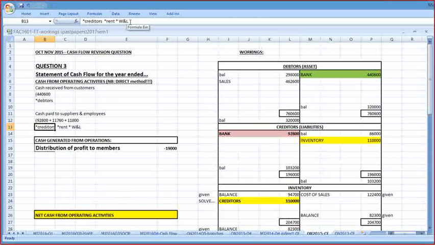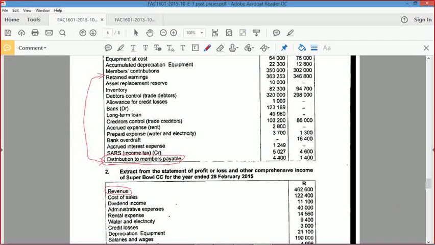Okay, next. So it's water and electricity, 11,800. Okay, then it's bank overdraft, which we wouldn't need, because I'm guessing it's financing. Bank overdraft isn't financing, it isn't investing, it isn't operating.